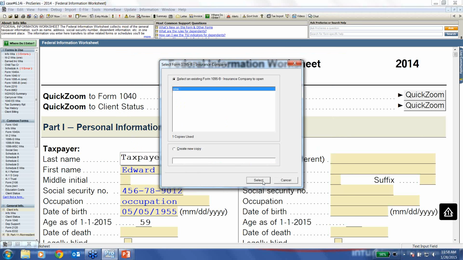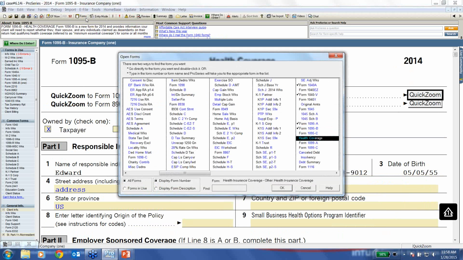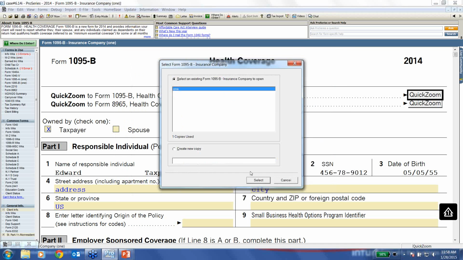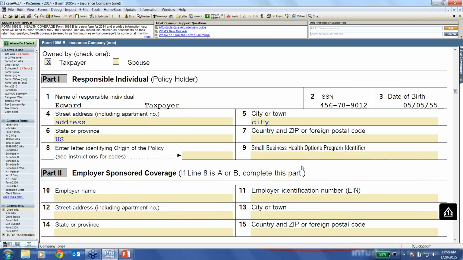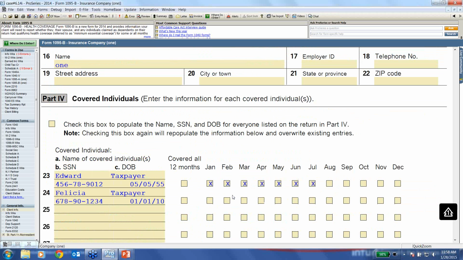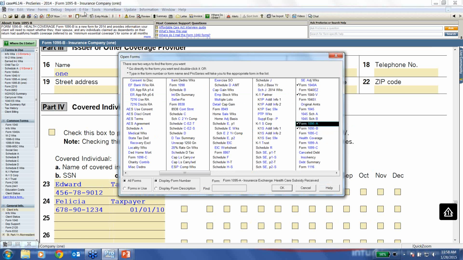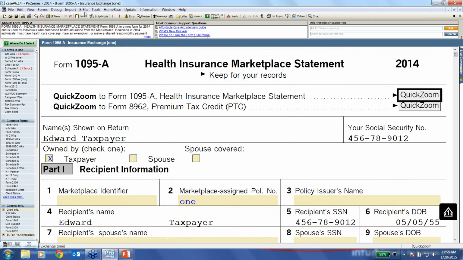Let's say they got a B. We also have a miscellaneous screen here where they could enter in coverage. If they didn't get a B or a C, they can punch that into this screen here. We're saying they got a B, indicating coverage. So we have Edward, the dad, had coverage January through July. And then we'll go to the 1095A and see what the exchange provides us.